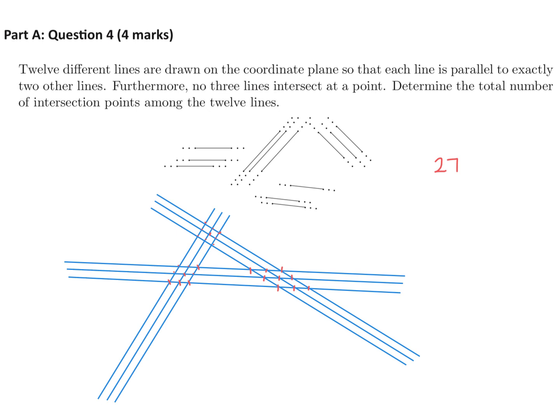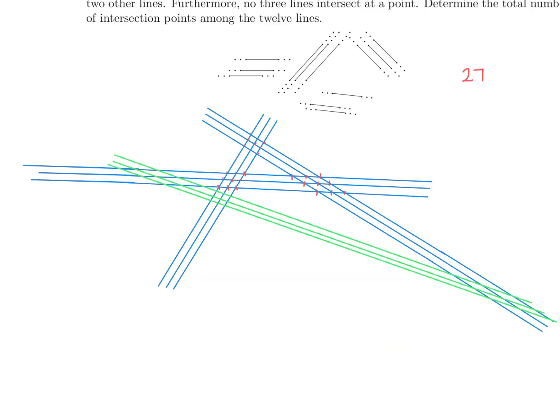So here we go. All right, so there's that 3rd set, and let's count the intersection points. 1, 2, 3, up to 27. So another 27, and therefore the total number of intersection points is 54.